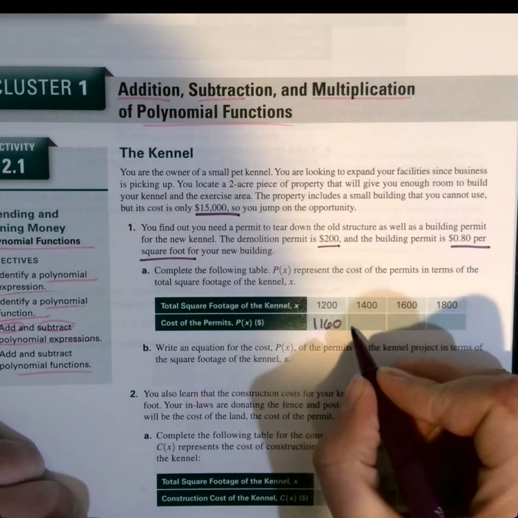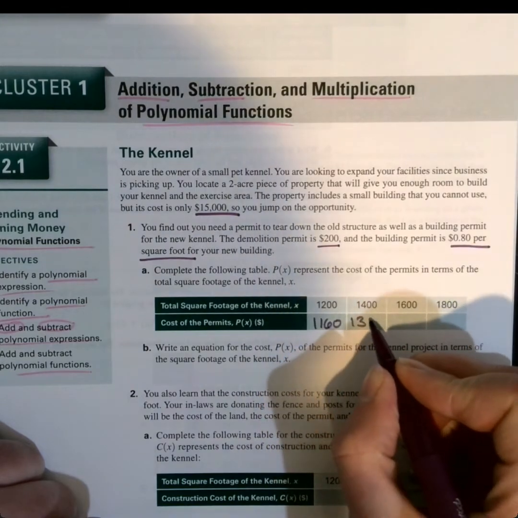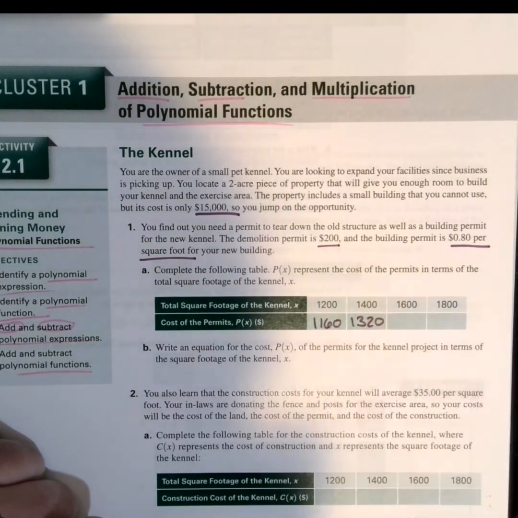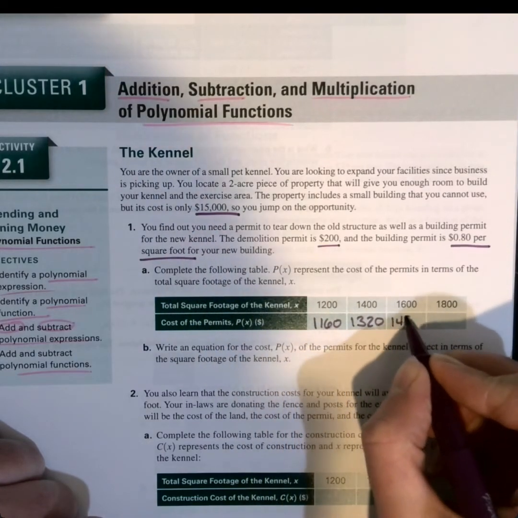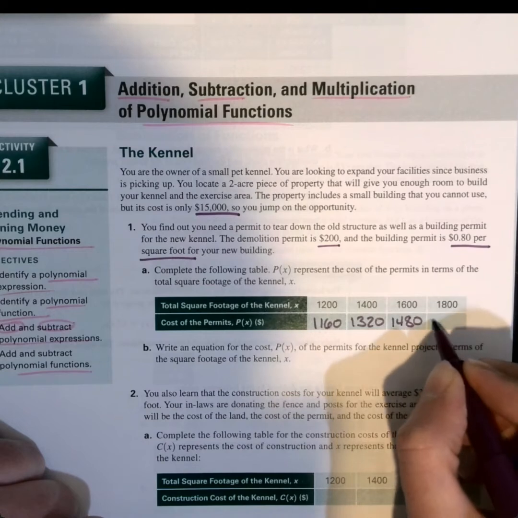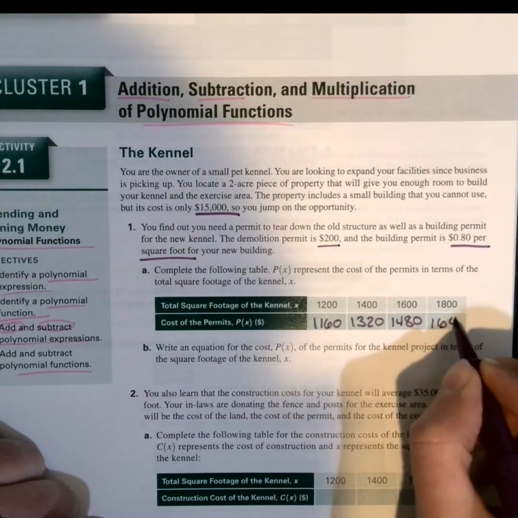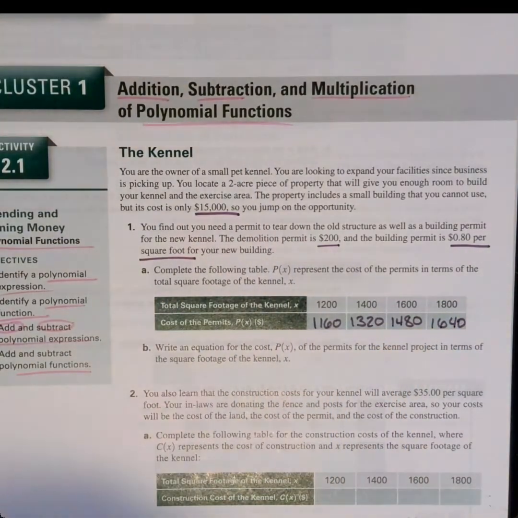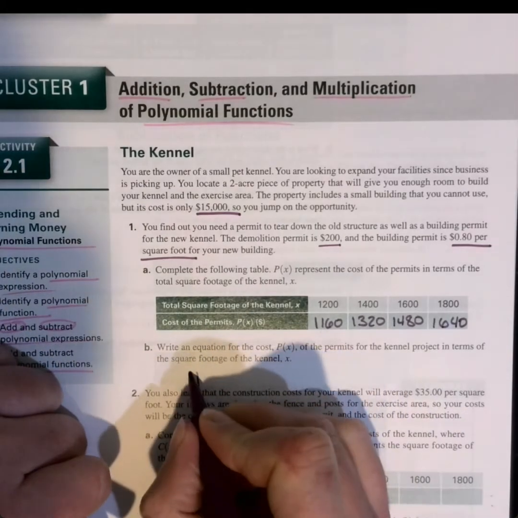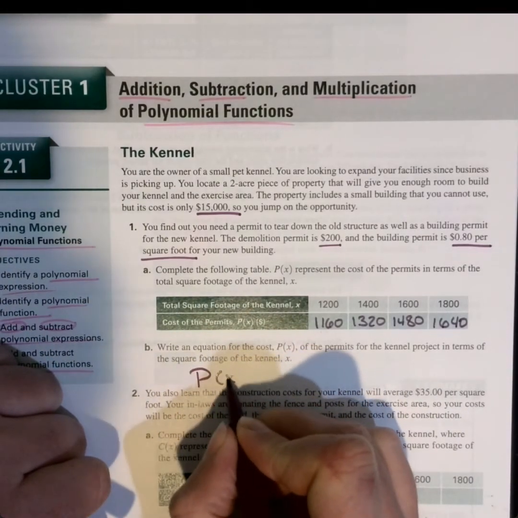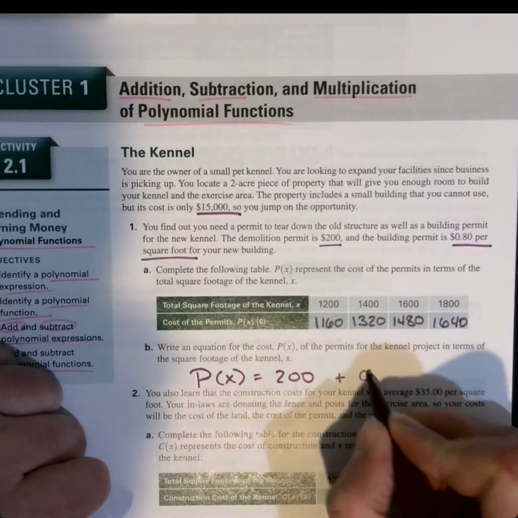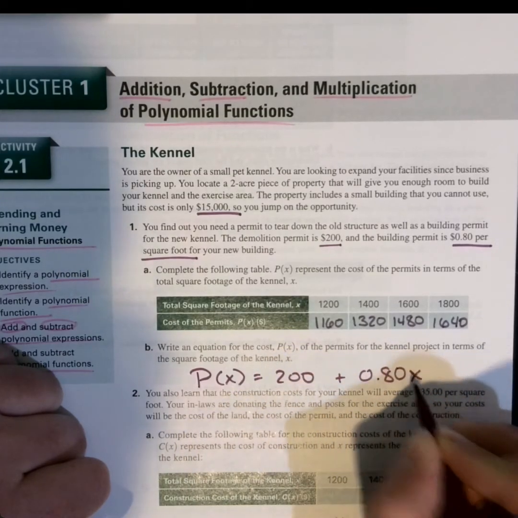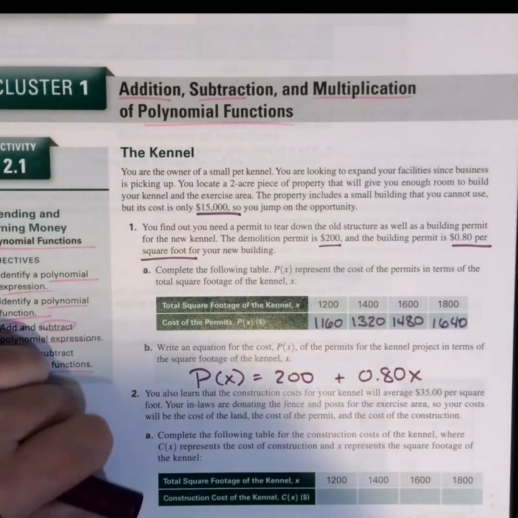That would give us $1,320, or for 1,600 square feet, that would give us $1,480, or 1,800 would give me $1,640. So what we're doing here to compute the cost of the permit is we're taking the $200 plus the 80 cents times the square footage.